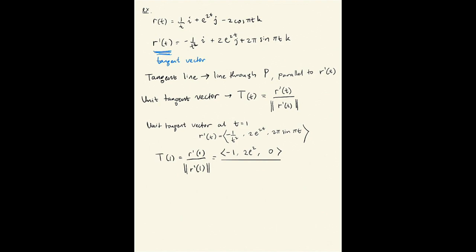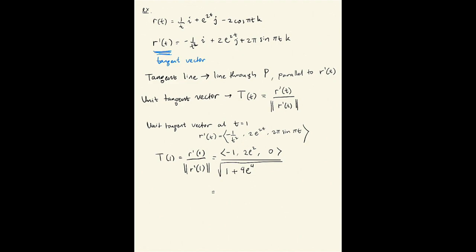And then to calculate the norm, you need the square root of the sum of the squares, right? So this will be the square root of 1 plus 4e to the 4th. It depends on you whether you want to calculate and mention the decimals or not.